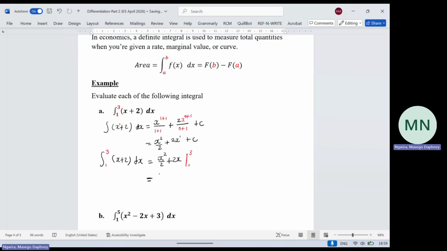Wherever I see x, I put 3. I start with 3 because b represents 3.